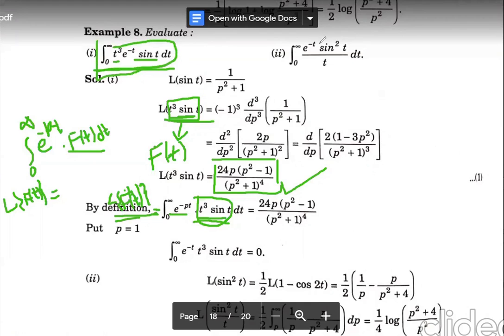Similarly, here also the same thing. First you consider this part, sine squared t by t, as your f of t. Then you find the Laplace transform of this first, and then use the same concept as we did. You will get the value of this integration.